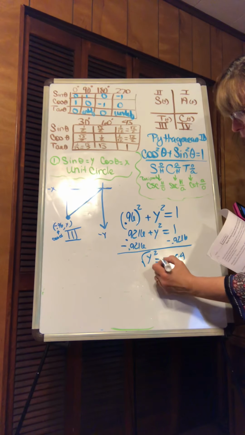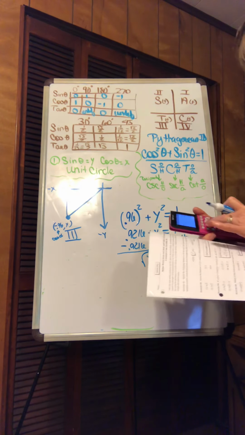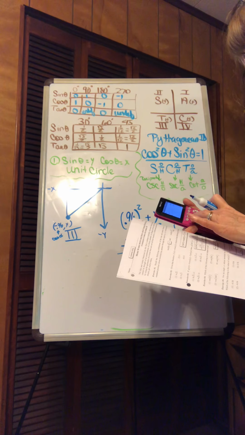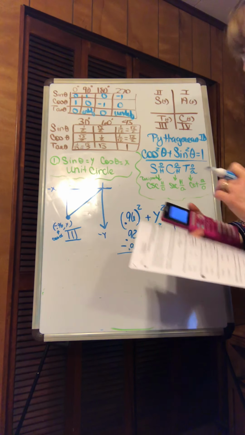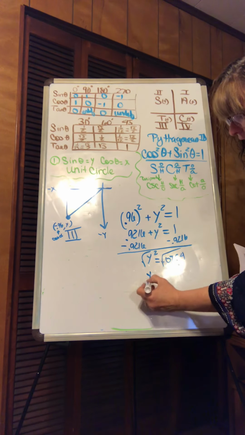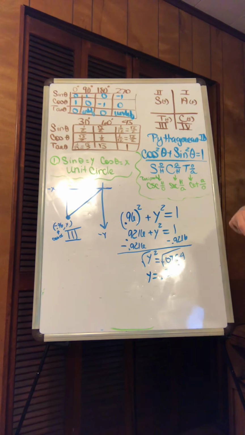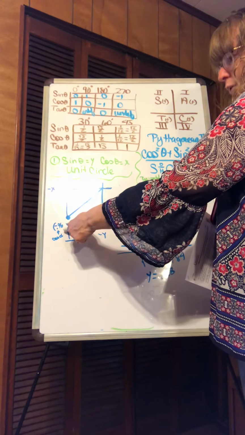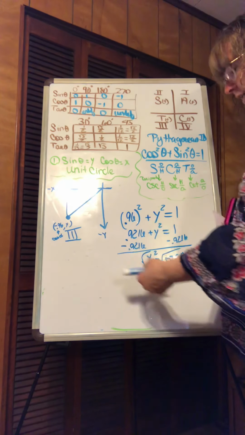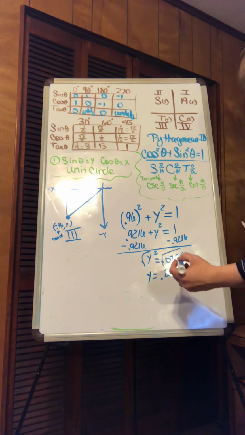And I'm going to take the square root. And I get that y is 0.28, which means in quadrant 3, this would be -0.28.